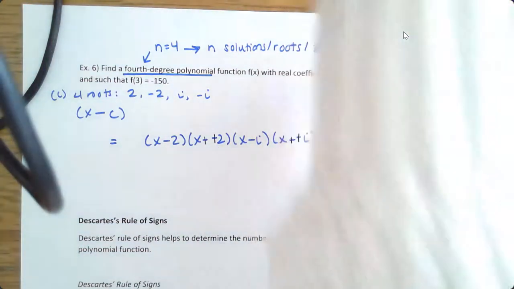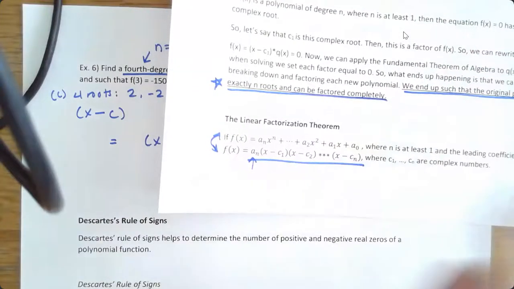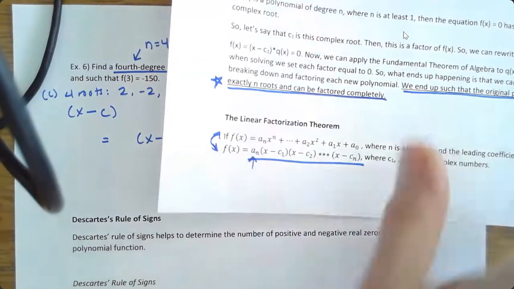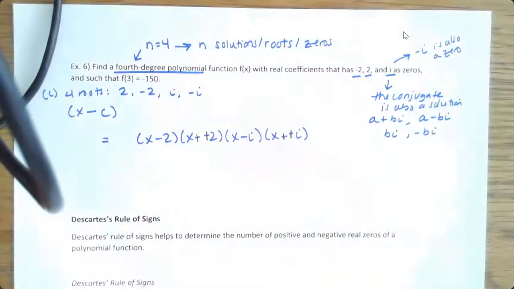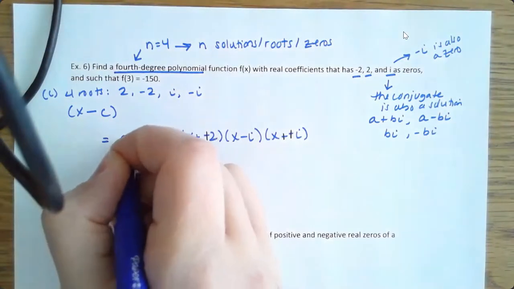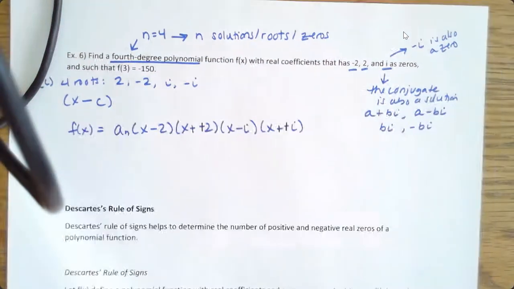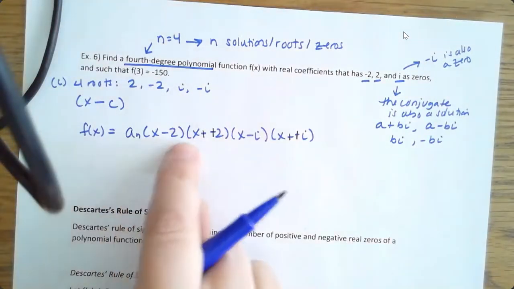But we're missing one thing. So in your formula, let me find it here. You do need a leading coefficient, which matches with this one here. So here I don't know my leading coefficient. I'm just going to call it a_n for now.